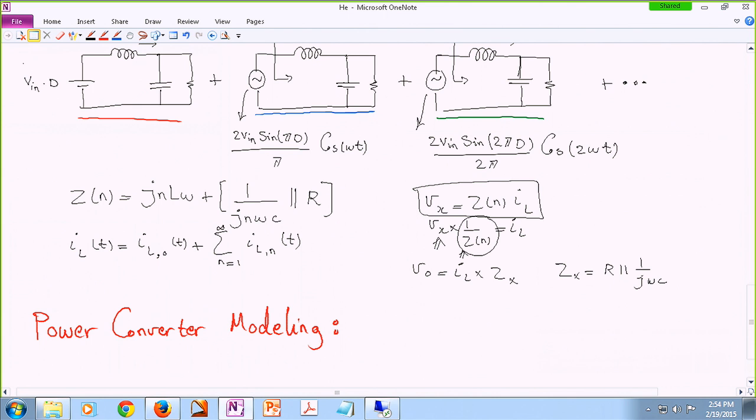On the other side, there are applications where your input voltage is variable. For instance, you're trying to charge your cell phone while you're driving. Your cell phone has a battery whose voltage is almost constant, let's say 3.7 volts, but the input voltage, which is the voltage of the car battery, is nominally 12 volts, but depending on the state of charge, it may be 14 volts, it could be 9 volts.